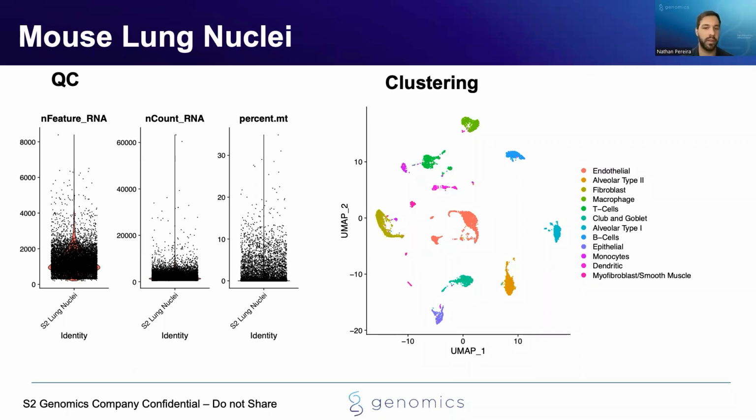So all the expected cell types, the alveolar type 1, type 2 cell types, all the different immune cells as well, plenty of endothelial, club and goblet cells. So we see a pretty nice representation of cell types in the mouse lung nuclei data, and pretty low contamination as well.